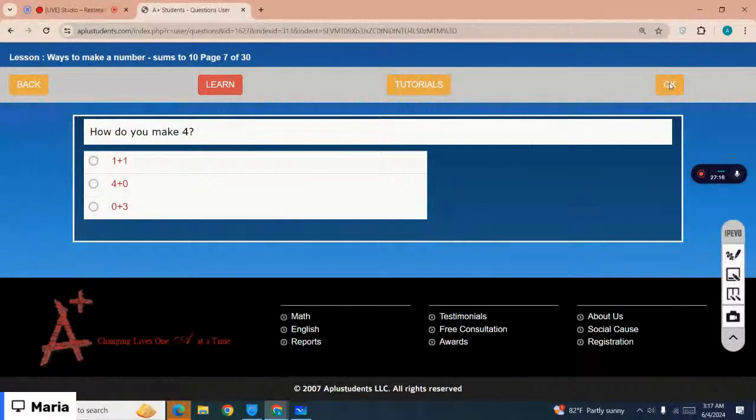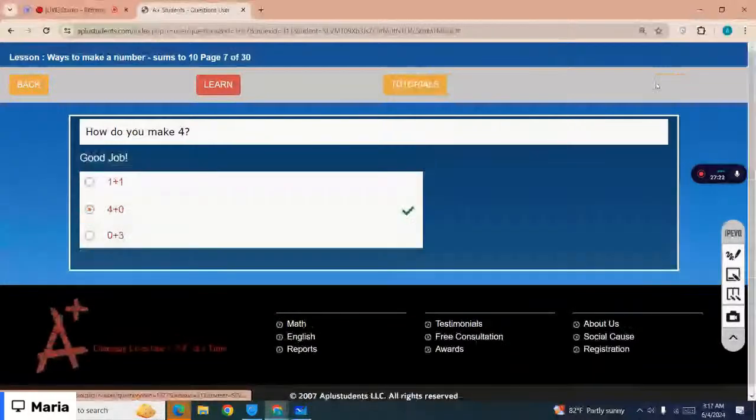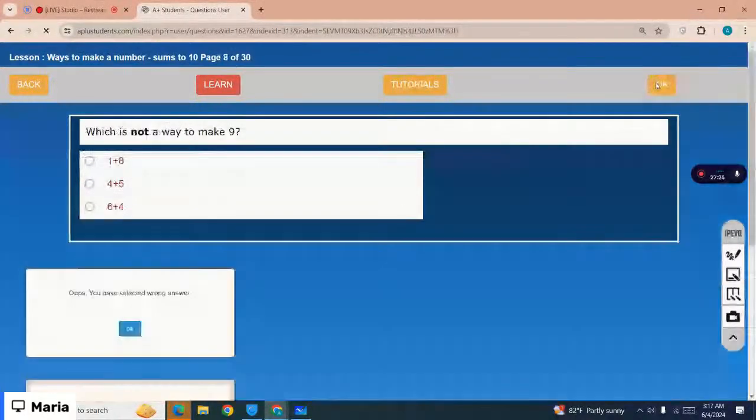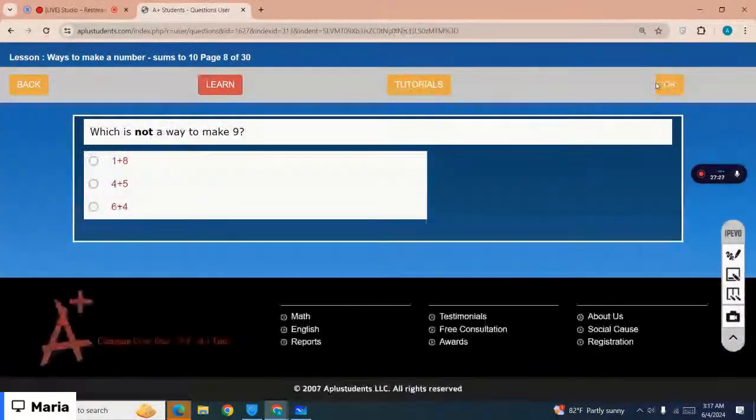How do you make 4, which is the correct option? Yes, that's the second one. 4 plus 0 equals 4. Option number 2 is the correct option. Which is not a way to make 9? Which is the correct option?